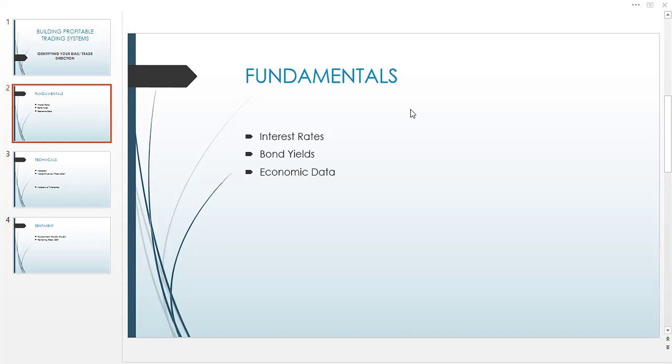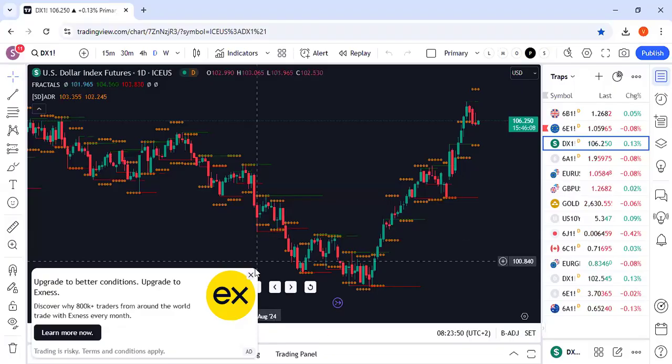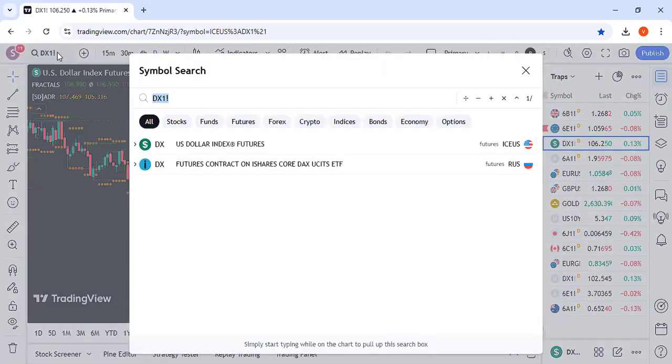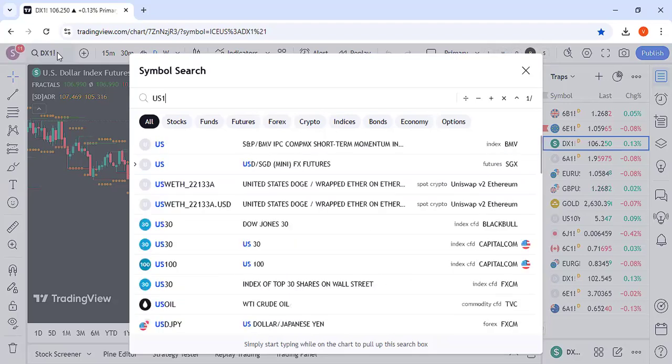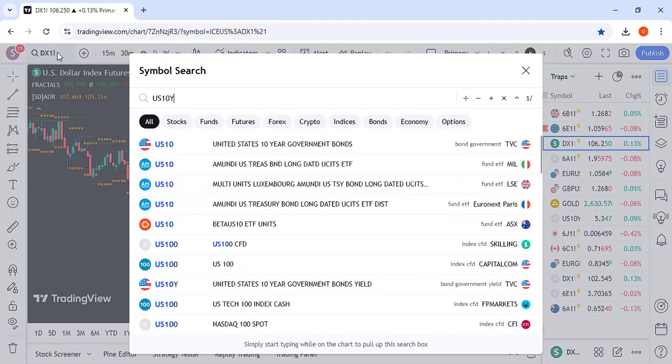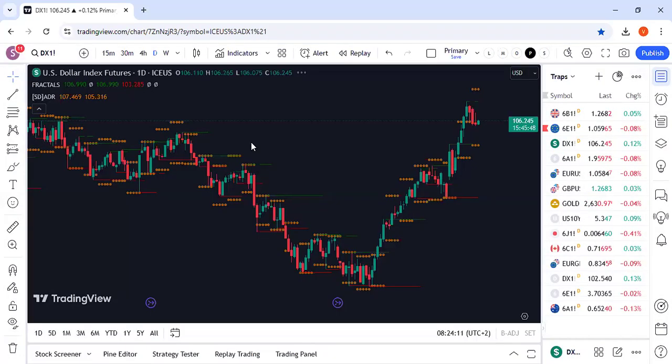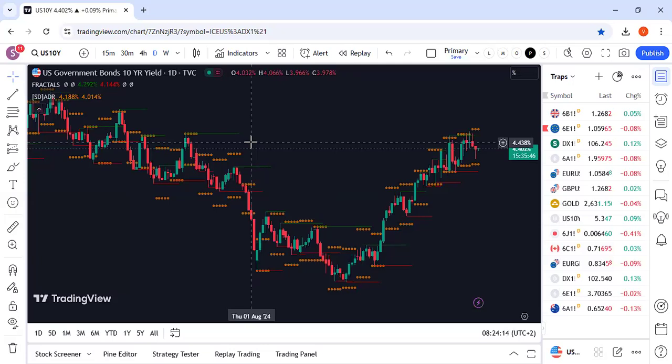So one of the ways we look at this, we're going to go into the charts now. All right, so we're going to go to TradingView and then I'm going to show you something. So I'm going to put in here the US 10-year. So you see this United States 10-year government bond yield. All right, so if we introduce it to this chart, you can see how this has been on the increase.